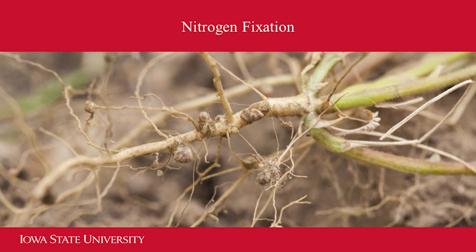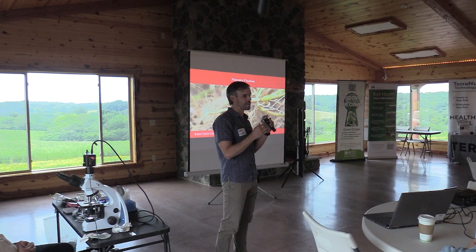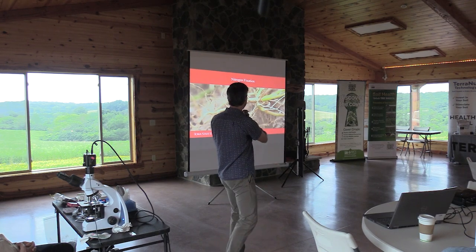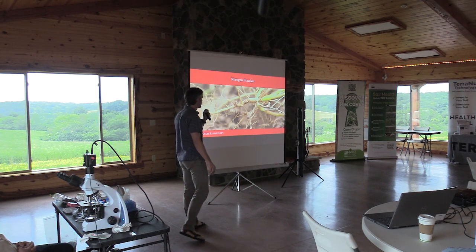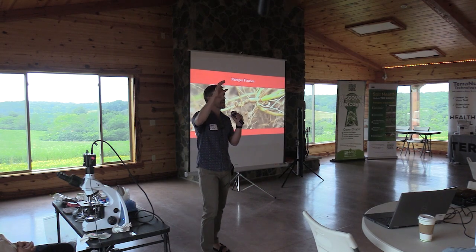Maybe nitrogen fixation, or legumes and rhizobia and those nodules you have on your soybeans, maybe that's the most experience a lot of you have with soil biology. So nitrogen fixation in legumes, there's this give and take relationship that happens. The main bacteria that does this is rhizobia, and they live in these nodules of the legume roots. What they can do is fix atmospheric nitrogen.